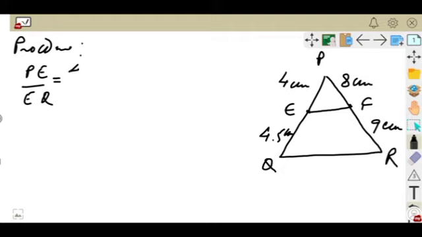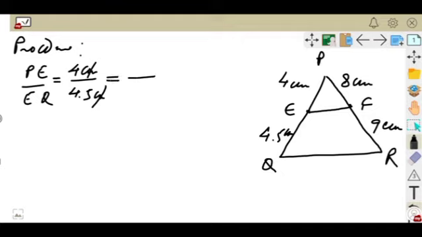PE means 4 centimeter. And what about EQ? 4.5 centimeter. Now there is a point in the denominator. It's a decimal number. So first let me cancel centimeter. In order to remove this point, we have to multiply by 10.